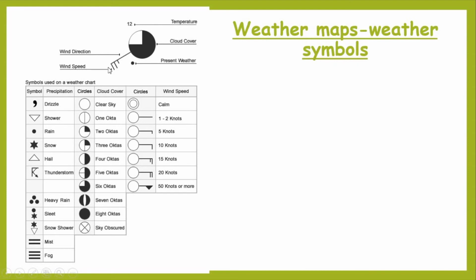Now then, the wind direction and wind speed. The main stick represents the wind direction. Now, what you've got to be careful of, the wind is named after the direction from which it prevails. That's a posh way of saying the direction that it's come from. So although it appears that this stick is pointing that way, so you'd think down here is southwest. Oh, it's a southwesterly wind. No, okay?